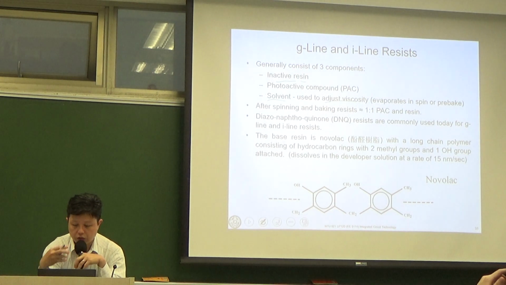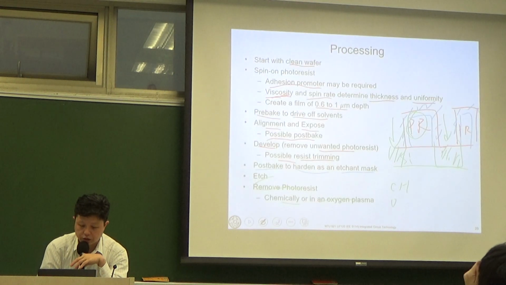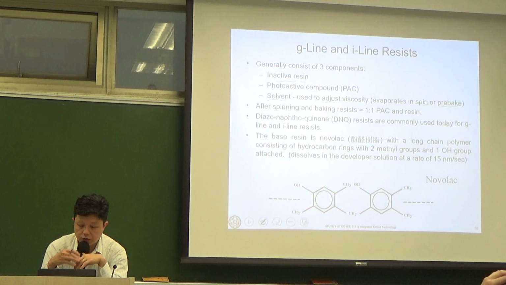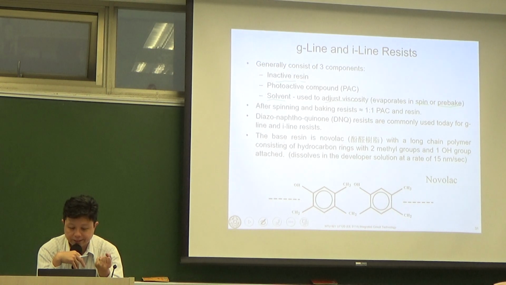And that will evaporate in the spin or pre-bake. In the previous process, we do some pre-bake to drive out the solvent. So solvent helps you adjust the viscosity, and also to change the final thickness. You can add solvent or you can change the spin rate to adjust the final thickness.